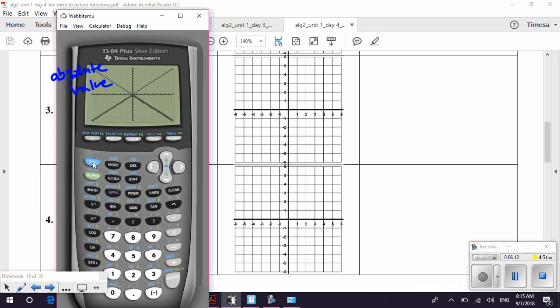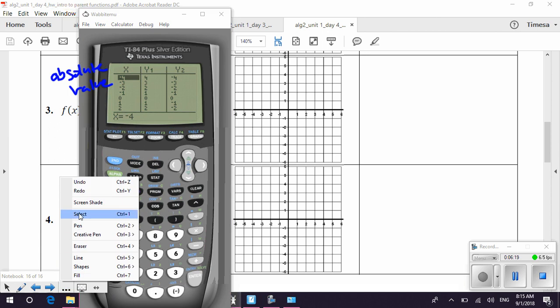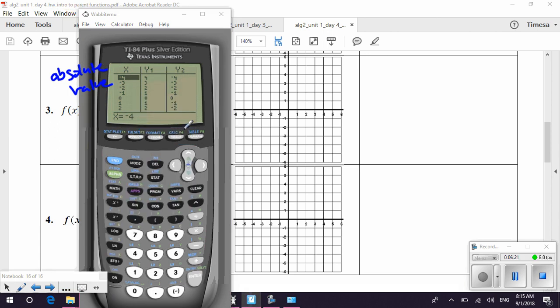So let's pull up the table and find some solid points we can use to help us plot. So we have the origin, 0, 0. We have 2, 2, and negative 2, 2 from mom.